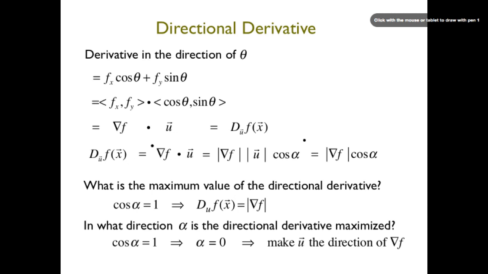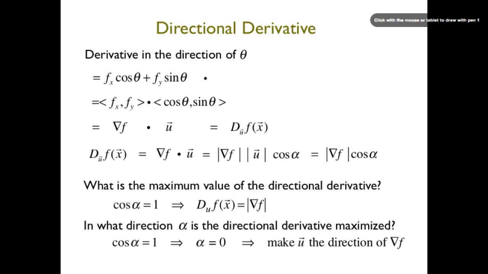And then we said since it is the dot product, we could write it this different way: the product of the magnitudes times cosine of alpha, where alpha is the angle between the gradient and our chosen direction. So alpha is not theta.